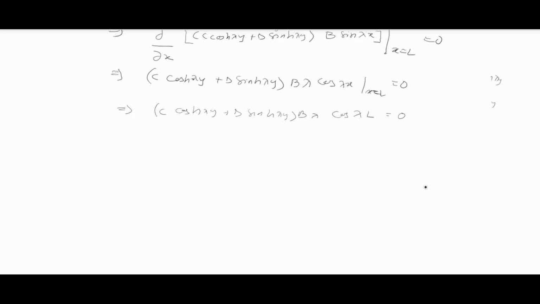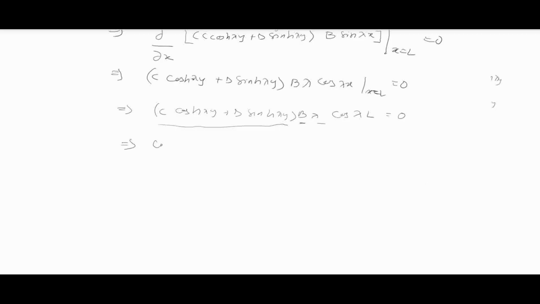So see, this term cannot be 0. This b and lambda also cannot be 0. So finally, to get a finite solution, cos lambda L must be 0. This and this also cannot be 0. So cos lambda L should be 0.